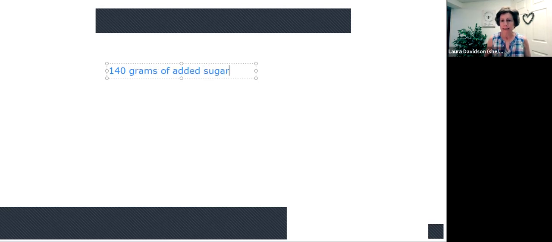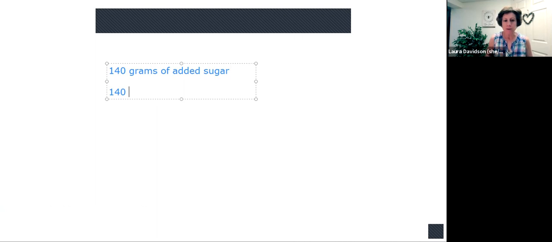All right, now we're going to be looking at the percentage of calories from the added sugar, because that should be less than 10. So we need to convert grams to calories. And we learned how to do that last unit. Sugar is pure carbohydrate. So it's 140 grams times 4, and that would be 4 kcals per gram.